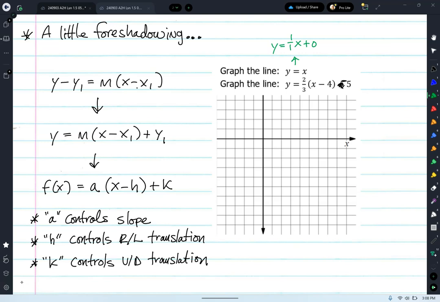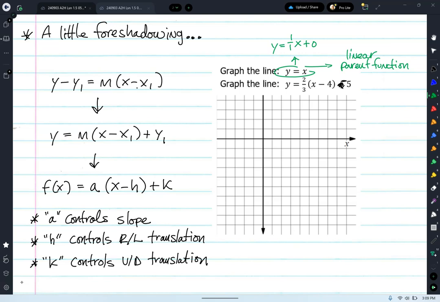And this right here is called the linear parent function. And again, we're going to get into more of this in detail, right? This is just a little foreshadowing. But this is called the linear parent function. So there's a base line, a parent line, a main line, the line, like the man, okay?